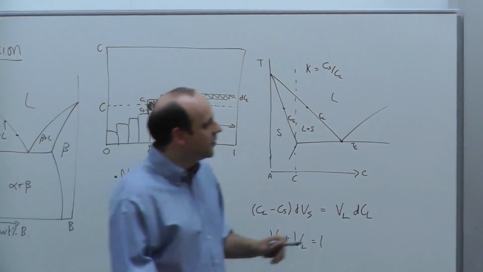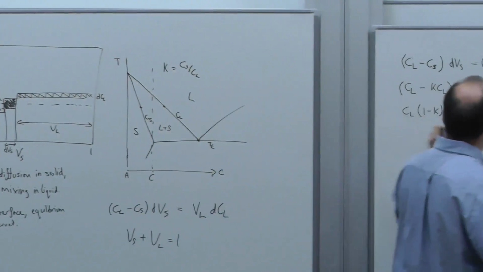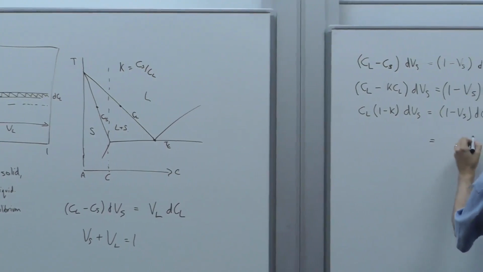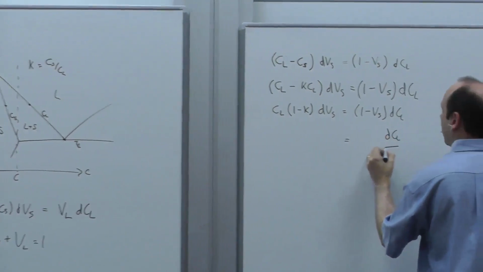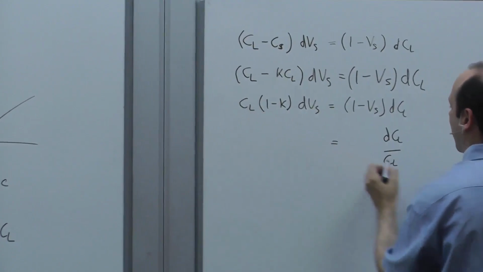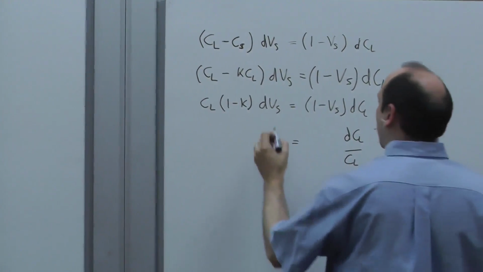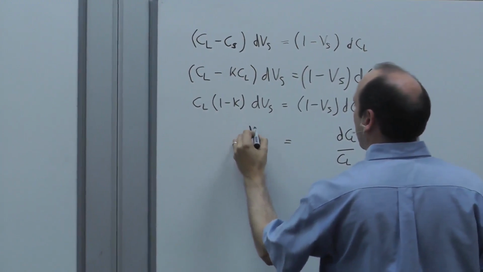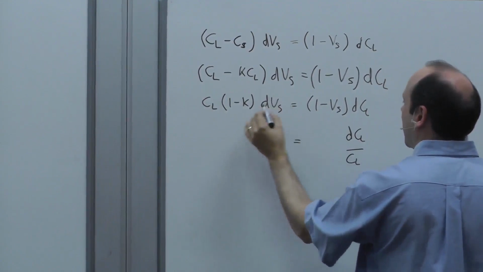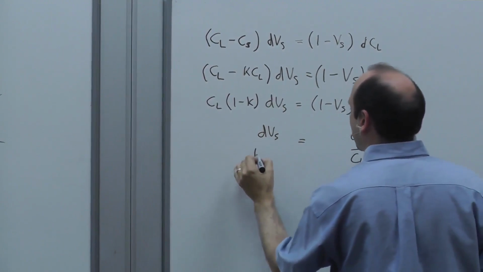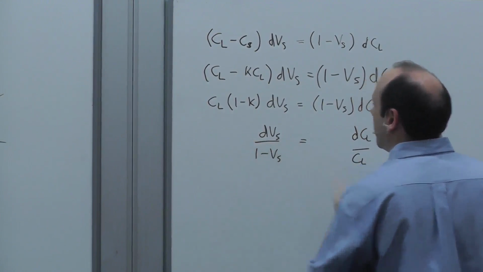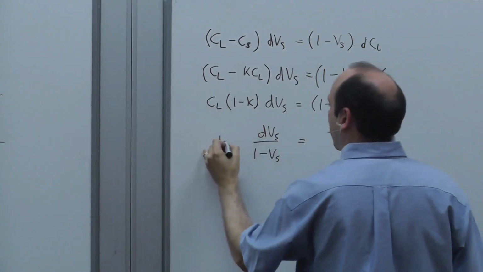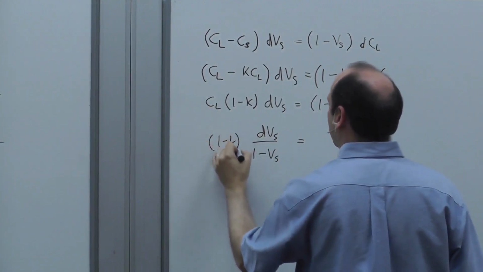So now what we can do is we can say, okay, well, we'll take the Cl over here. So we've got my dCl, and I can divide by Cl, bringing that down to here. And I can take my dVs here and divide by 1 minus Vs. And then I've just got a 1 minus K over here.